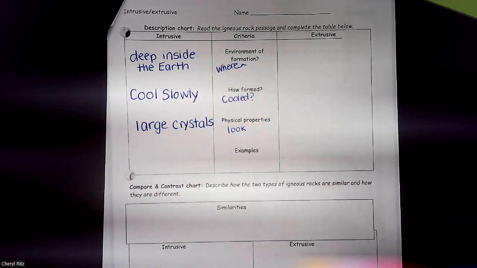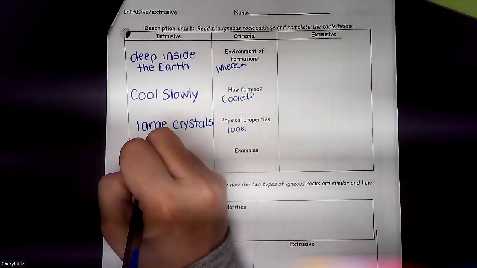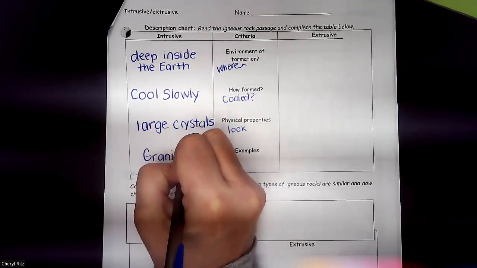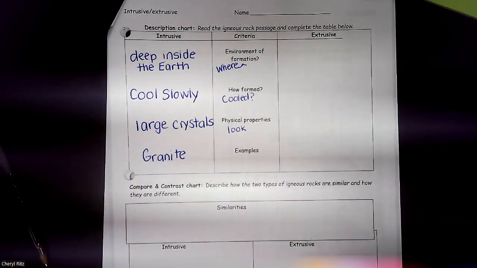And what examples did they give you? Granite. Do you guys know granite? Nope, that's marble. Yeah, it's that nice stuff. It's what your counter probably is. Granite countertops are the best example of this.